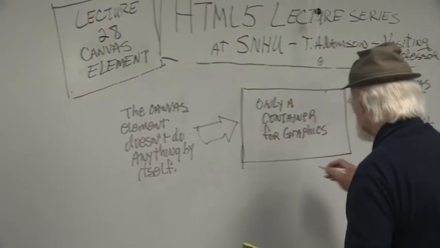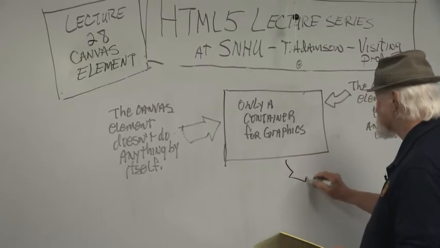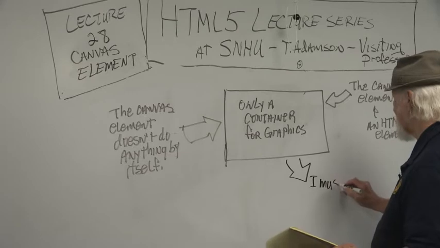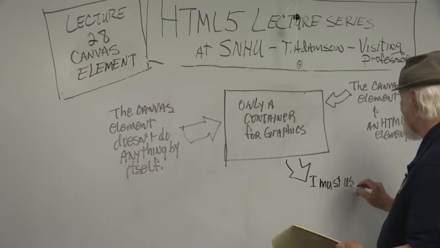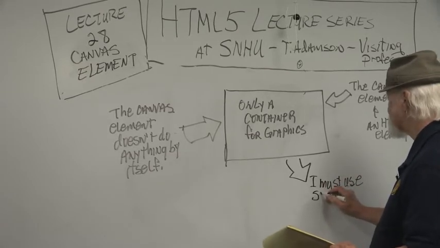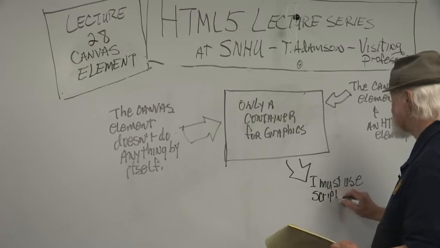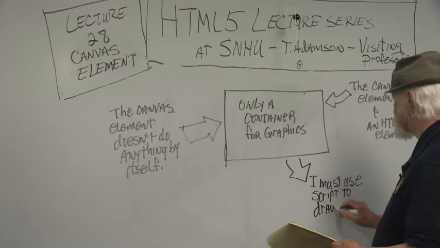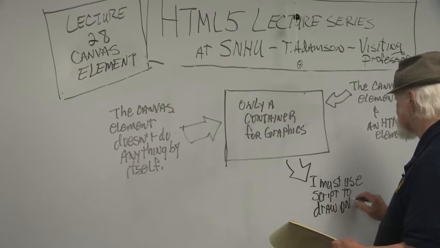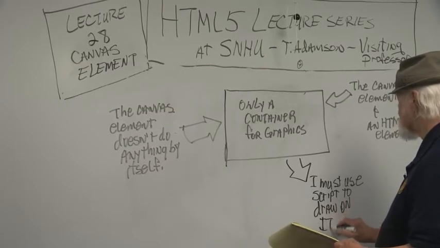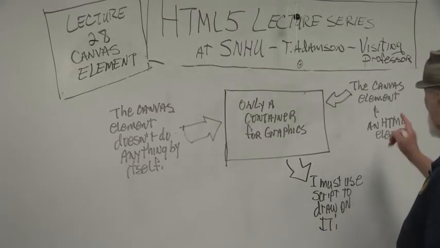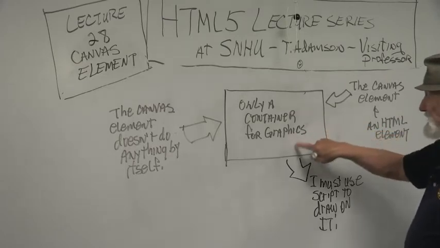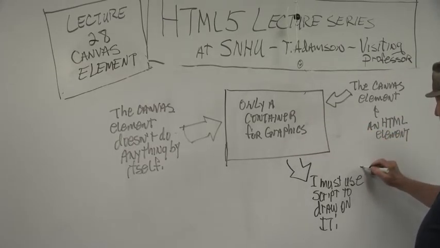If I want to draw something on it, I must use script to draw on it. Oh, wait a minute. This is an HTML element, and I've got to use script to draw on this. Well, guess what?